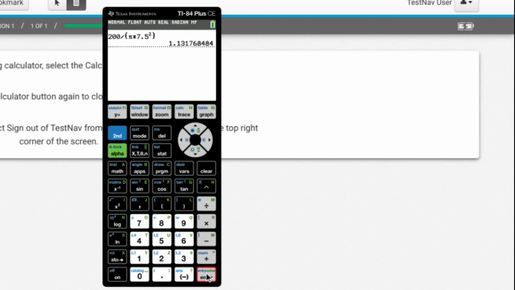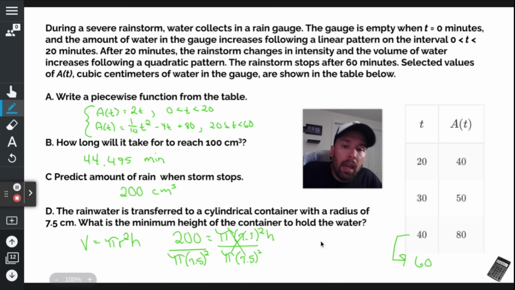Hit enter, and you get 1.1317 blah, blah, blah, which simplifies, if we're using pre-calc rules, to 1.132 centimeters. That's my answer. And so the minimum height of the container is we need a container that is at least 1.132 centimeters tall. So you're looking at a super wide container, not tall at all.